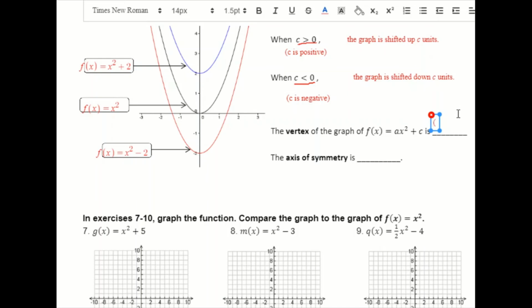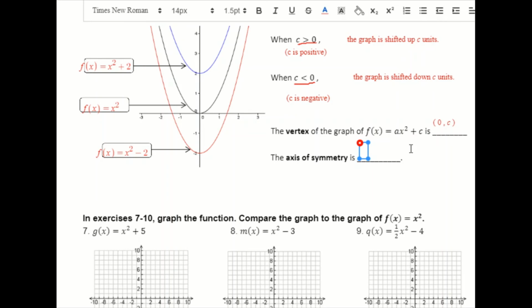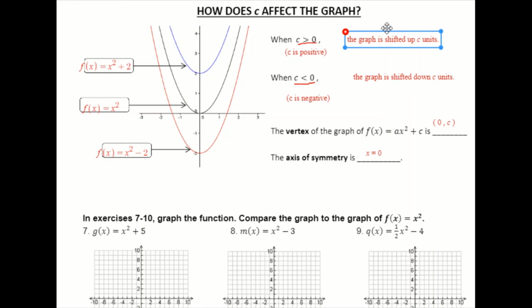So the vertex, if you don't have a b value, and that's a really important if, is going to be (0, c). And the axis of symmetry, again, this is only true if b is 0, is x equals 0. So it's that y-axis. So that's just for today. Next time we'll get into what happens if that isn't the case. But for today, that will stand.